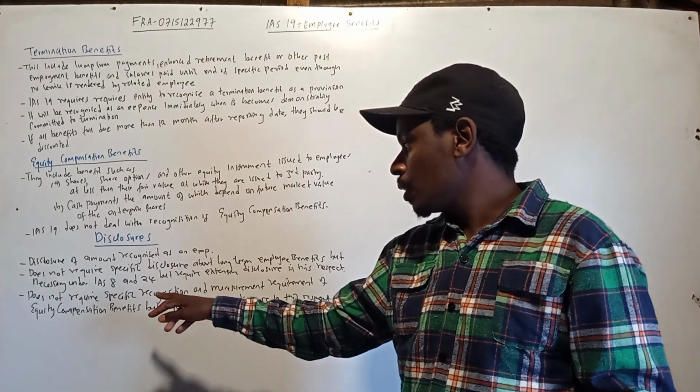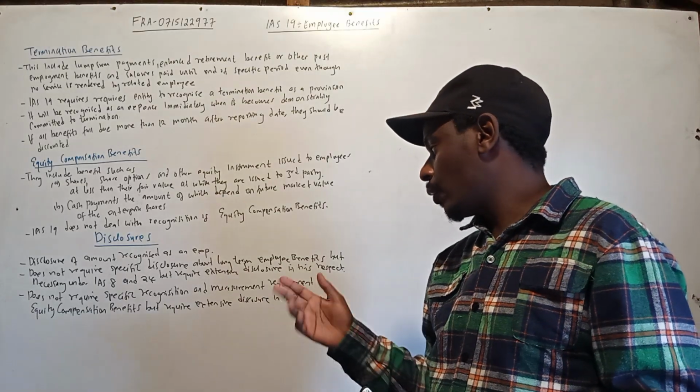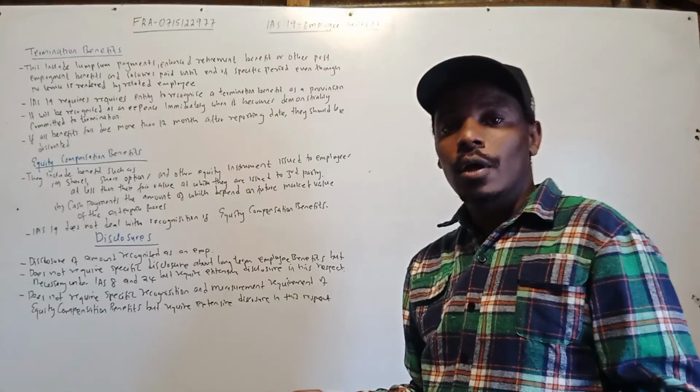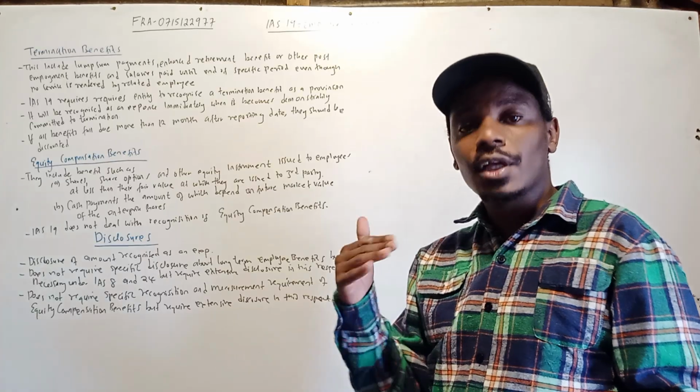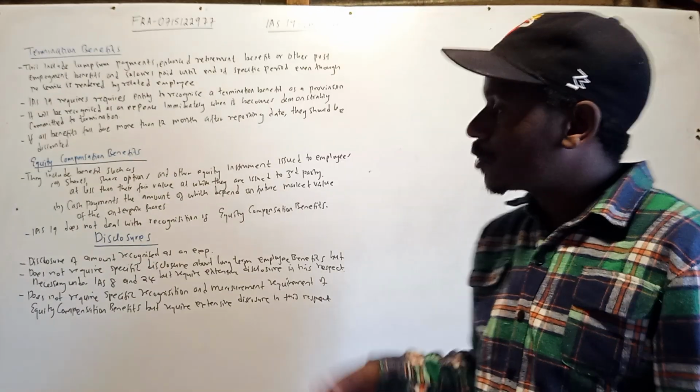Also, IAS 19 does not require disclosure of specific requirements for equity compensation benefit, but it requires an extensive disclosure. So that's all about the theory part.